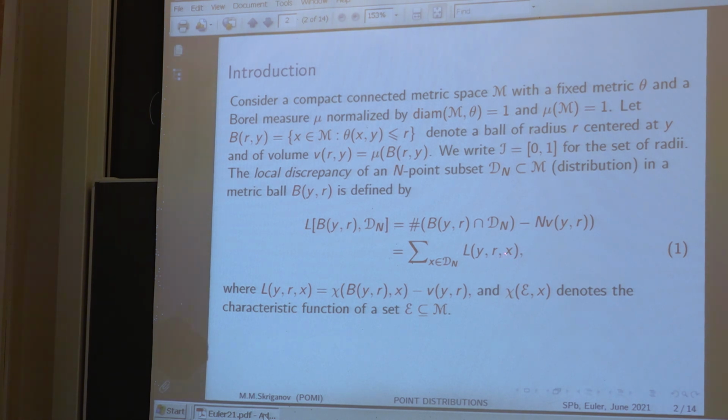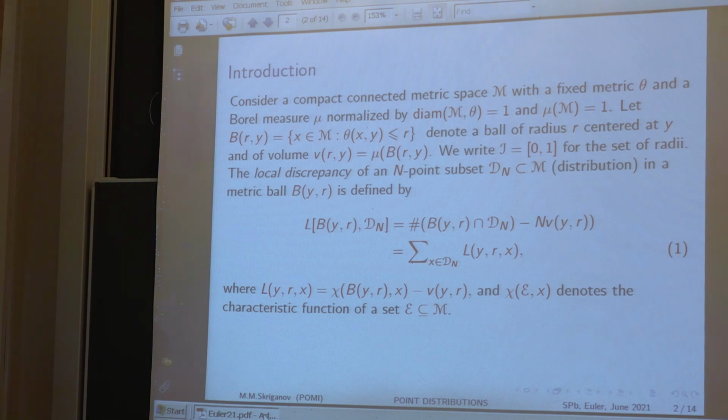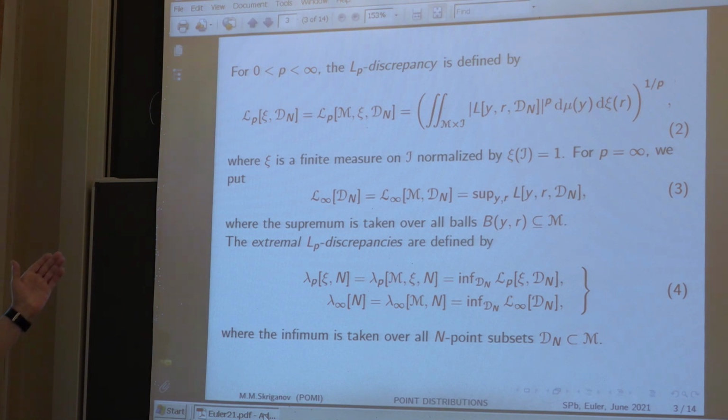X is the center; the ball is centered at X. So this function, we can consider now several norms of these functions. For example, the P norm of this function with respect to radius and with respect to the center.